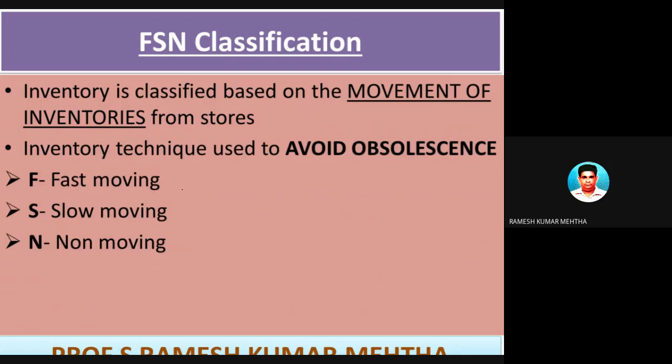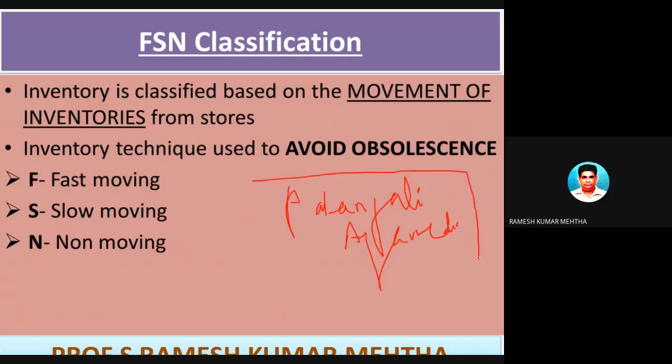For example, you go to a Patanjali Ayurvedic showroom or dealer. This guy has to adapt properly. Which are the ones which are fast moving? Which are the ones which are slow moving? Which are the ones which are non-moving?